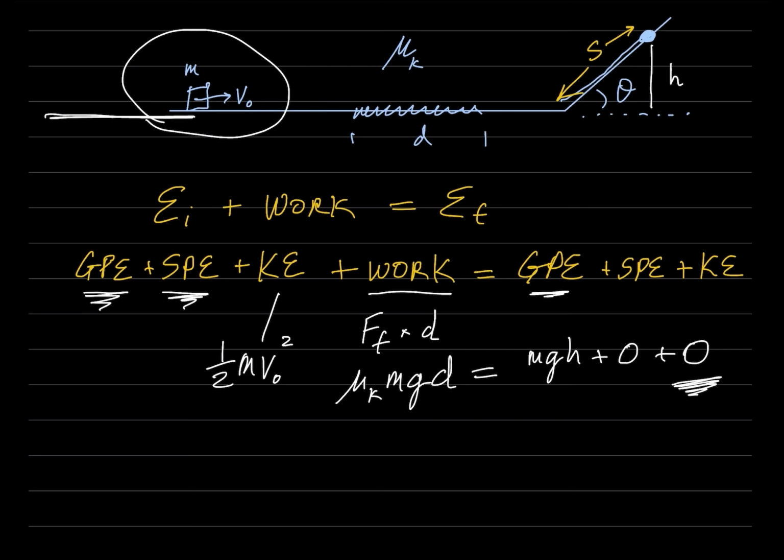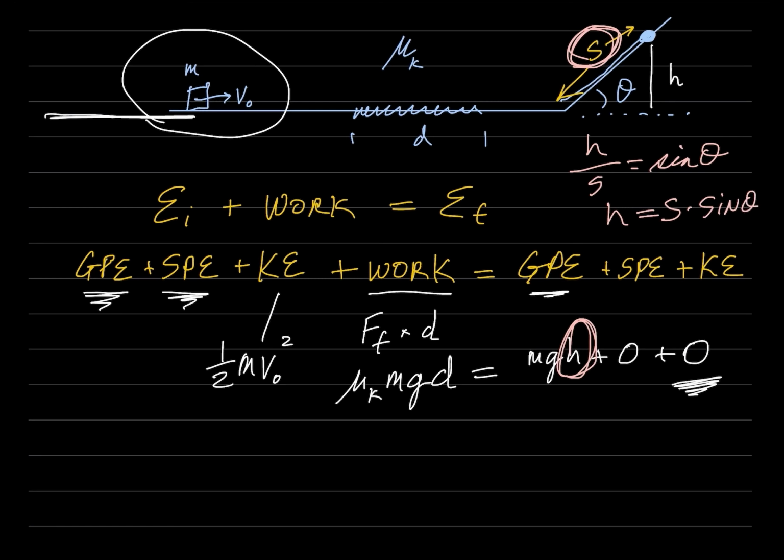And there's just one more thing to figure out, and that's the relationship between s that we were asked for and h that appears in the gravitational potential energy. And we know that h over s equals sine of theta, so h equals s times sine of theta.